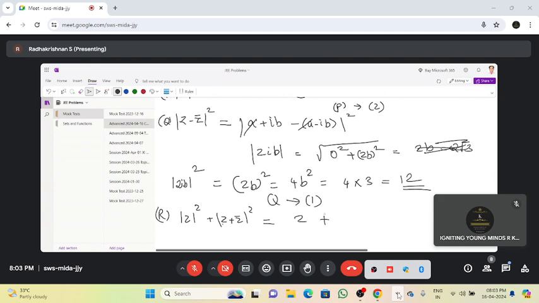Z plus Z bar is A plus IB plus A minus IB, that is 2A, right? 2A at a mod is 2A now, okay? So 2A the whole square. Sorry, 4.